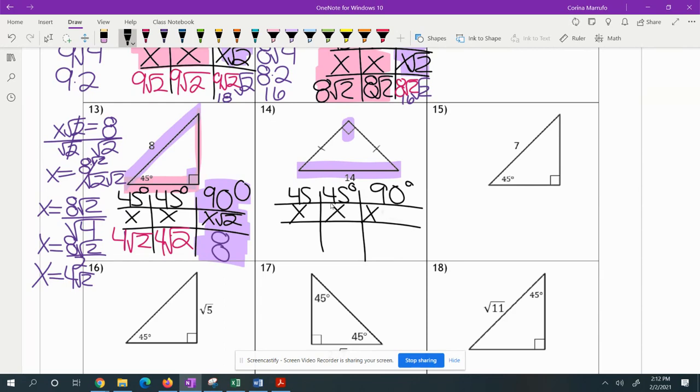Okay, and so the x in the square root of 2 is your 14, because it's across your 90 degrees, that actually gives you 14. And we need to find the other two legs. So the way that we find the other two legs is, since x in the square root of 2 is equal to 14, we have to set it up like that. x in the square root of 2 equals 14. We go ahead and divide both sides by the square root of 2 to solve for x.